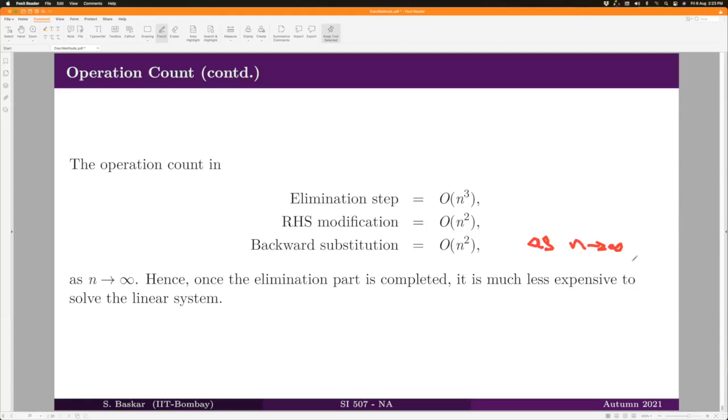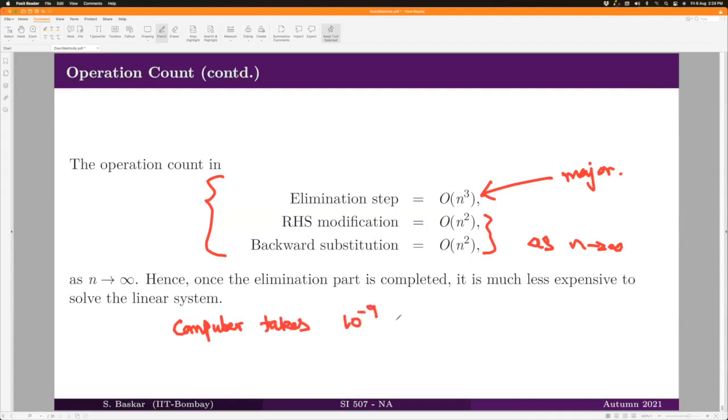Hence, once the elimination part is complete, you can see that the other two are relatively less burden for a computer. This is the major part. But altogether, if you see from here, you can clearly feel that Gaussian elimination is very costly. Just assume that we have a computer that takes 10 to the power of minus 9 seconds per operation.